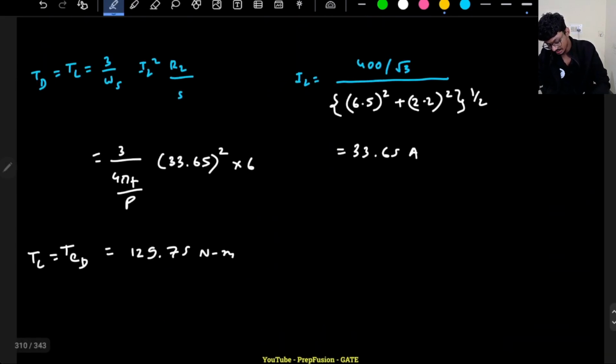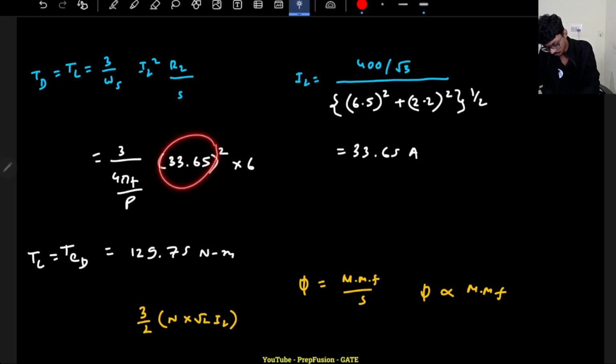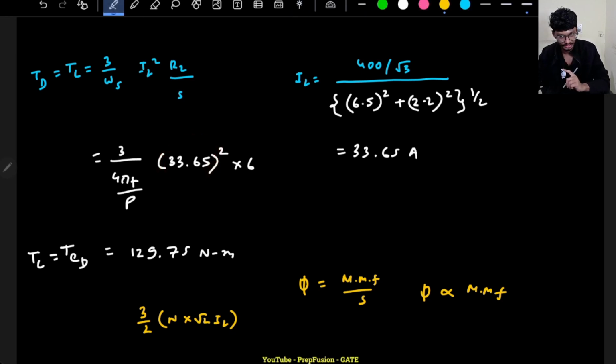So previously what was the air gap flux or MMF? Flux is basically MMF upon reluctance. Reluctance is not changing, so flux is directly proportional to MMF. Correct? So previously, when AC was there, what was the MMF? 3 by 2 into N into root 2 into I2. And I2 was this value, so that's why we need this I2 current actually.